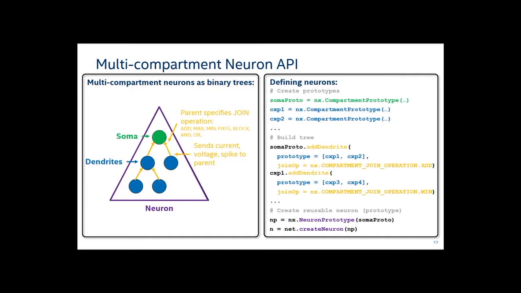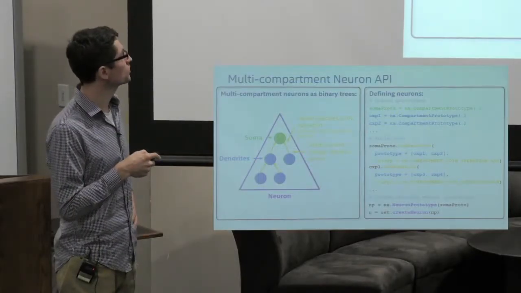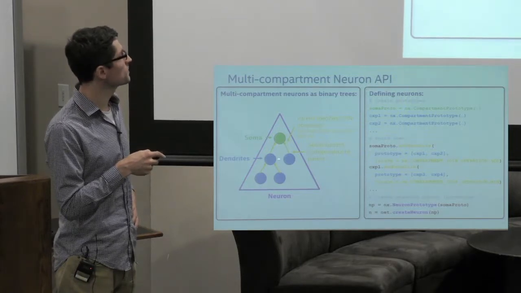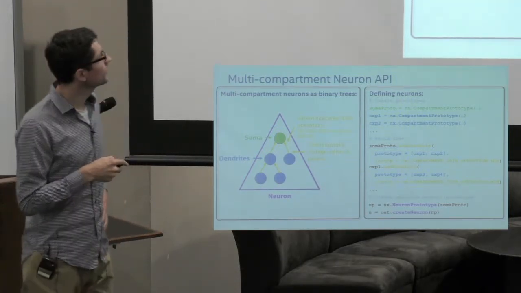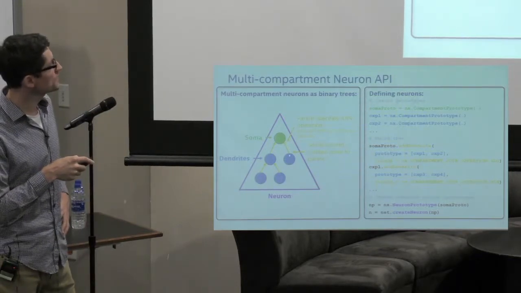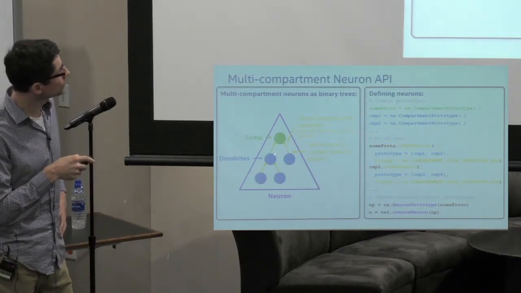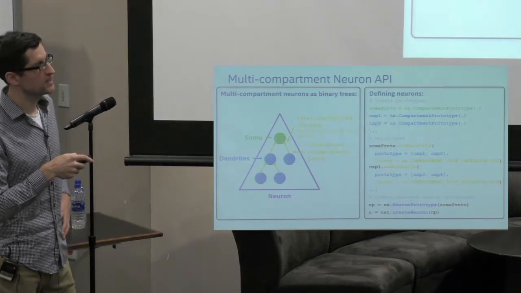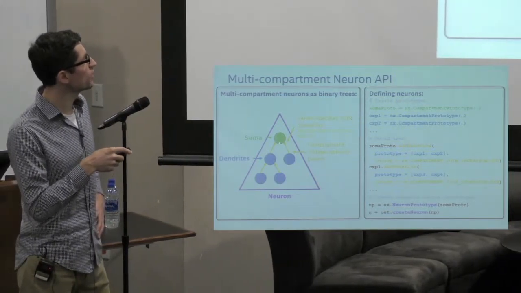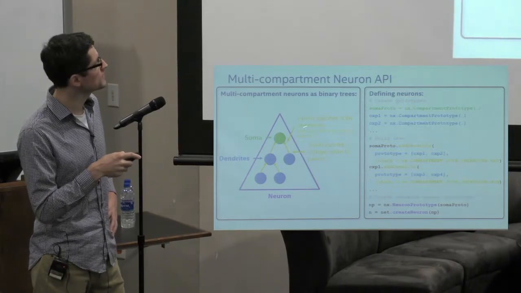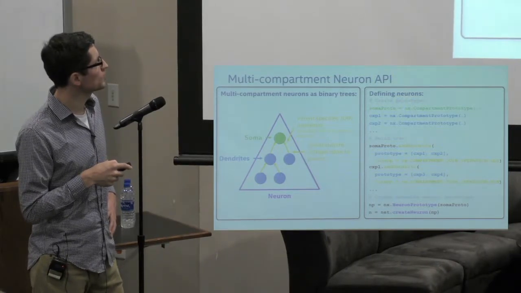It's just a compartment, but it's a special soma or somatic compartment. And then you can hook it up with multiple dendritic trees. Those are the blue circles over here. And then you can define operations like these yellow or orange arrows that specify how you integrate information from a child compartment into a parent compartment. These are these different join operations over here.